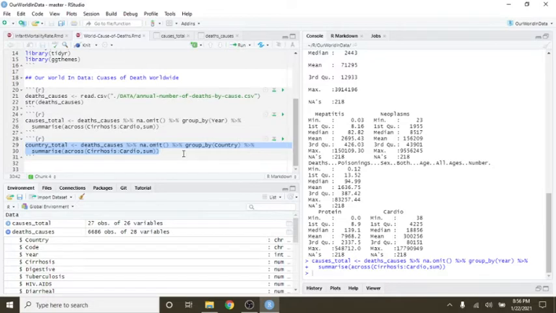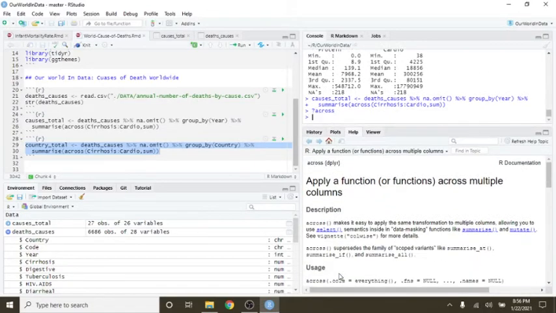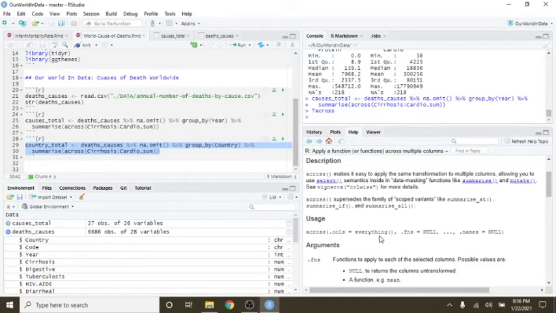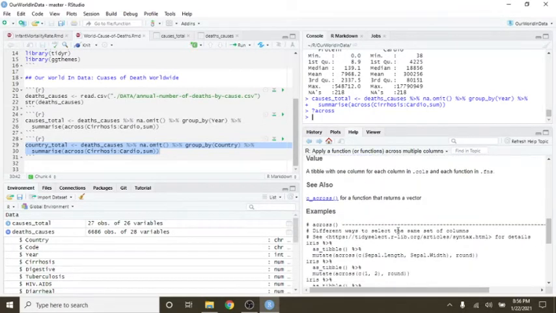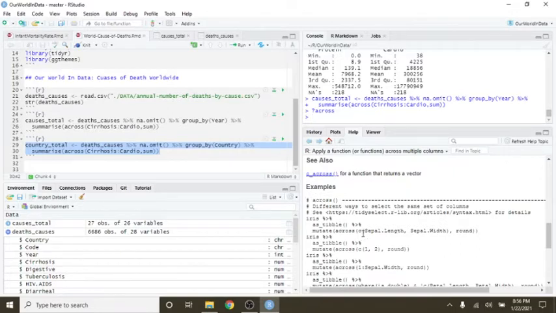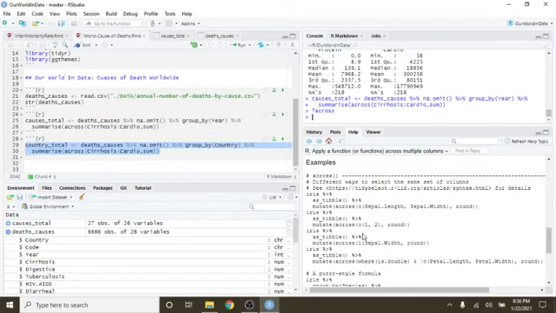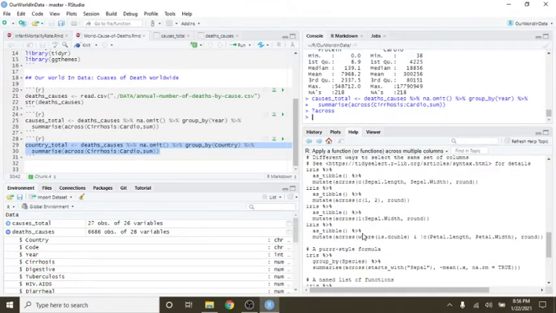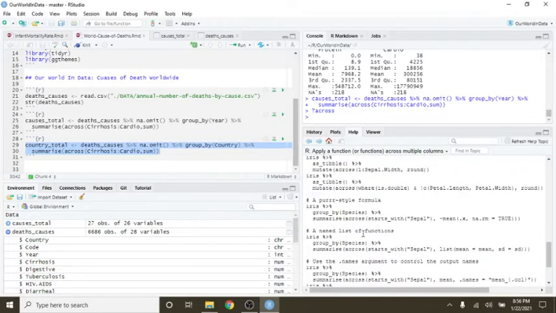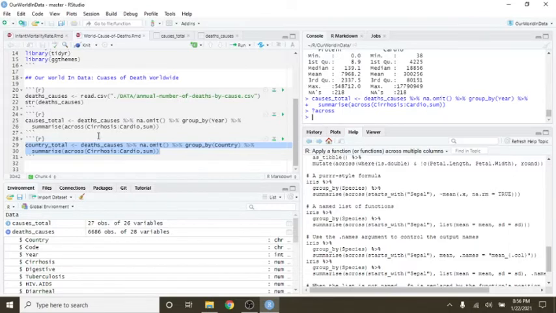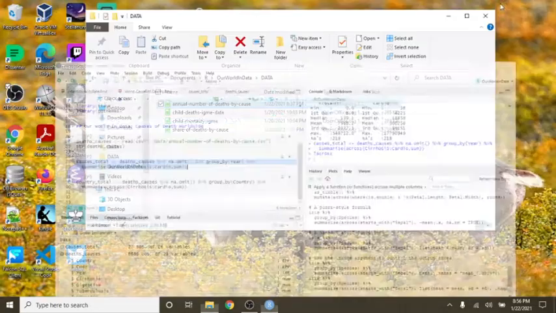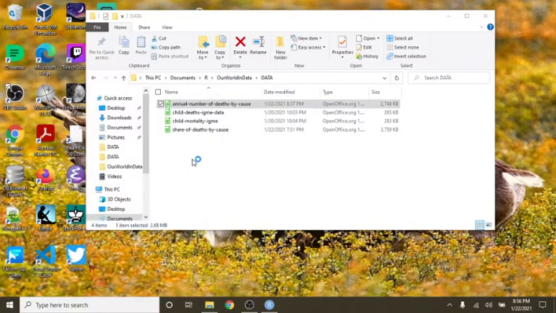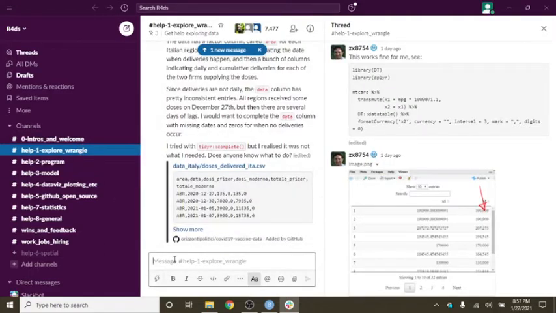Okay. Here's a question. What I'm interested in is doing a row total. Let's look up Wrangle here.